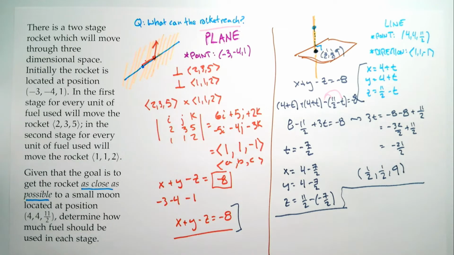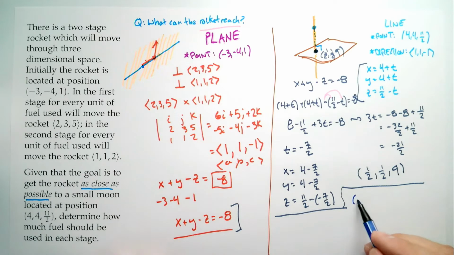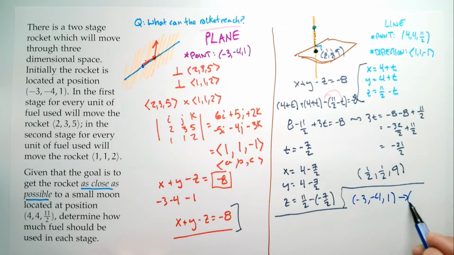To finish it up, what do we need to do? Well, we need to figure out how do we get there. So, where do we start? We start at negative 3, negative 4, 1, and we want to end at 1 half, 1 half, 9. So what's the vector? Well, if I start at negative 3 and I end at 1 half, what was my change?